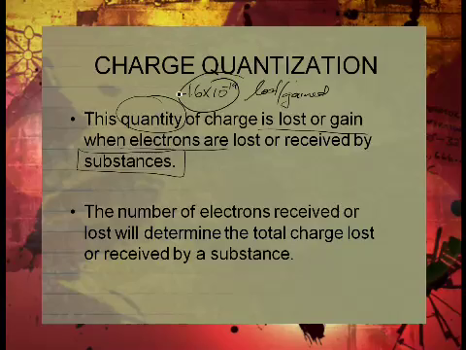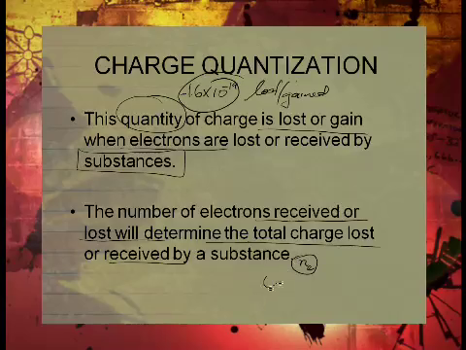The number of electrons received or lost will determine the total charge lost or received by a substance. What do we mean by this? It means if I've got n number of electrons that have been lost, the total charge that I would have, so this is n number of electrons.